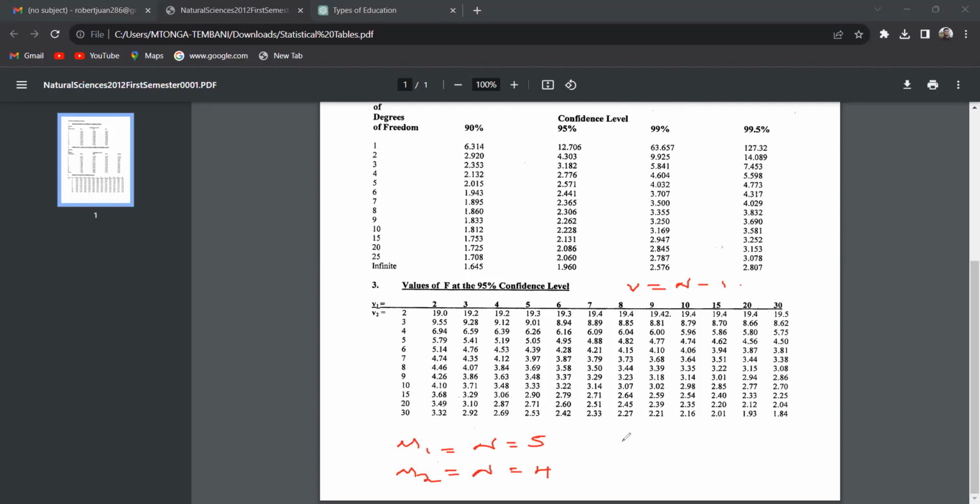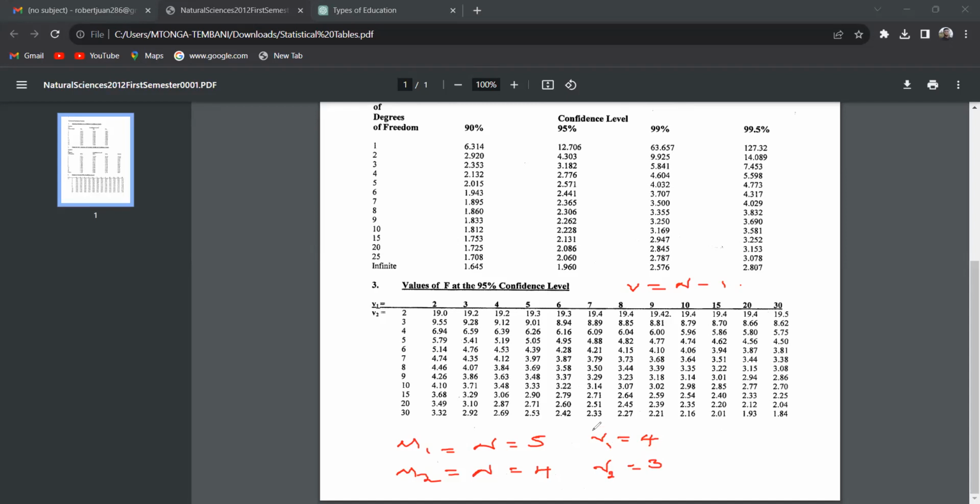When n is 5, V is 4. And for V2, n is 4, so V is equal to 3.